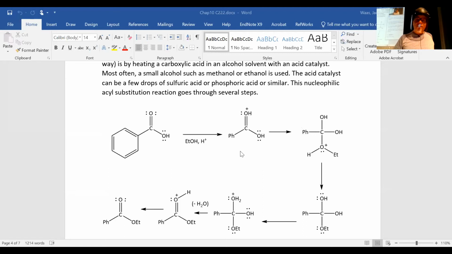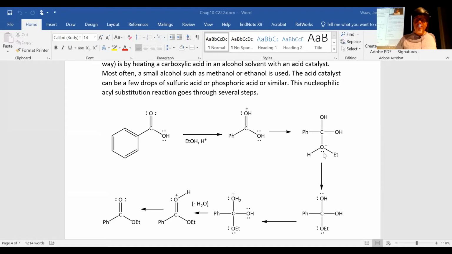But this also shows why we need that acid catalyst, because we need to be able to put a proton onto this carbonyl oxygen in order to make the compound react better with the nucleophile, react better as an electrophile. And carboxylic acids are not strong enough acids to do that. We need a much stronger acid than a carboxylic acid. So that's why we need the acid catalyst.